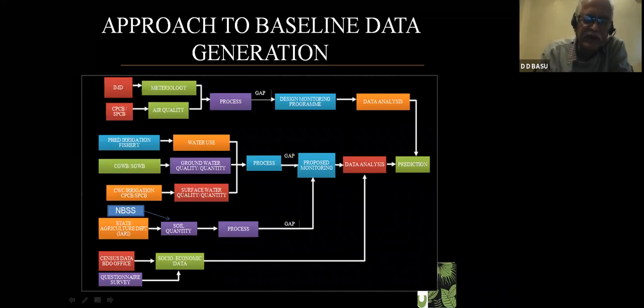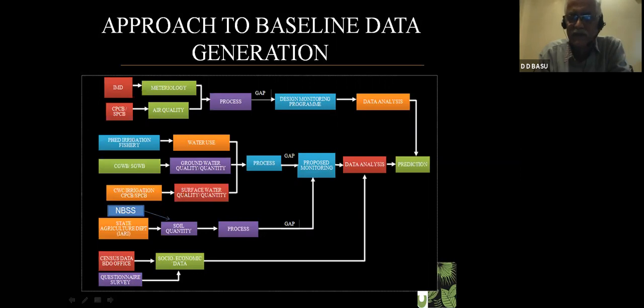For socioeconomic population data, you always go for the census. And with census data, a little correction is necessary, because the last was 2011 and the next is 2021 or so. You have to correct this data yearly, as the population is increasing by 2.5% or so every year. The second thing is that you have to go for a questionnaire survey.